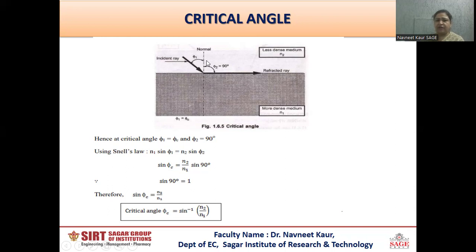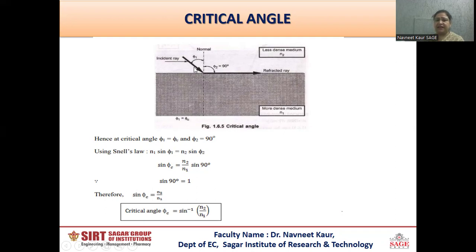Now, this point of angle of incidence is known as the critical angle. So here we conclude that at the critical angle, phi 1, say it is denoted by phi c, this angle of refraction will be 90 degrees. Now, if I increase this angle of incidence beyond this critical angle, in that case, the angle of refraction will be more than 90 degrees, and this refracted ray will be shown in the first medium only.